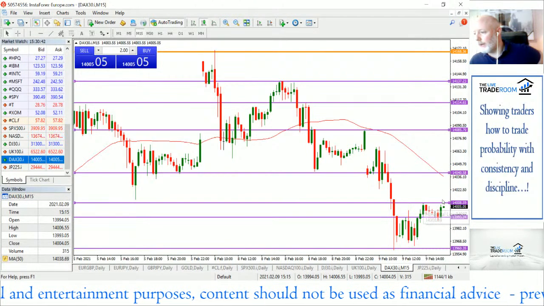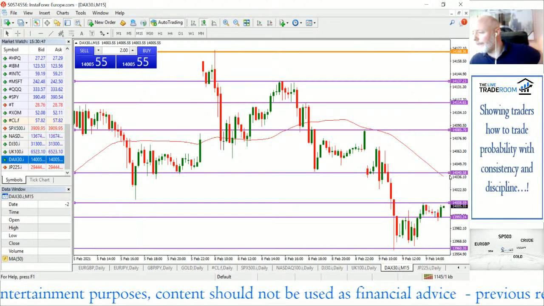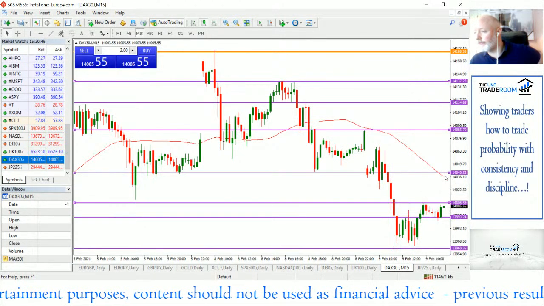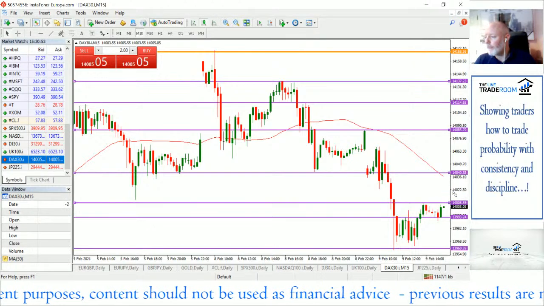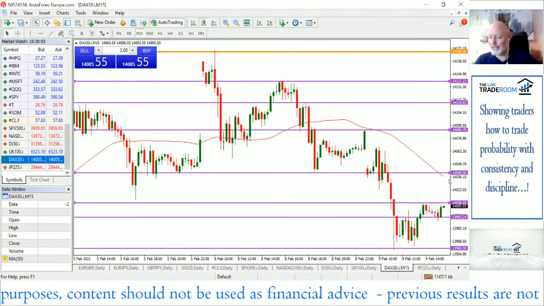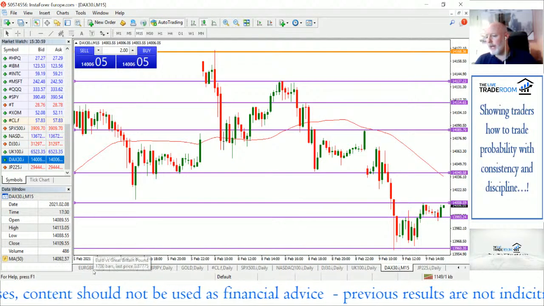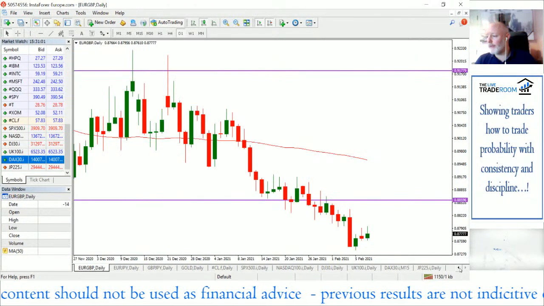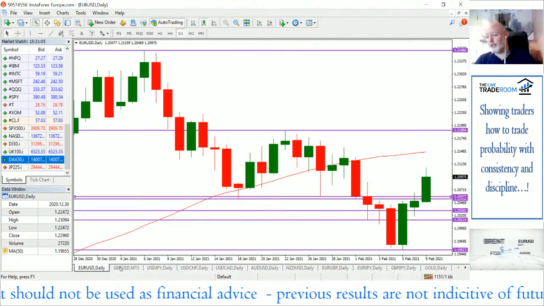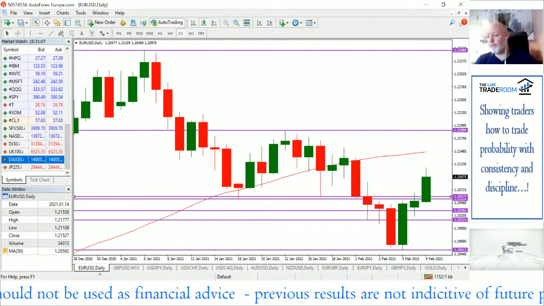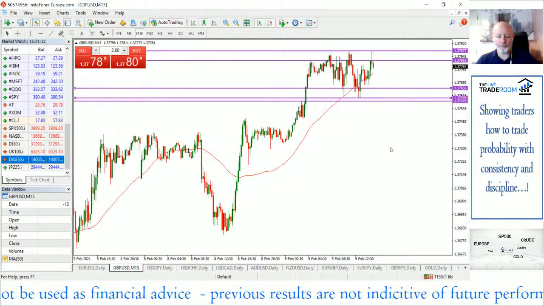So if it bounces back up, this is the next level at which to sell, the 14,035, 40 level, something like that, that will be the next level to sell from. So just bear that in mind, and do your correlations, understand what's going on across the other equity space, and look to go with the markets. It's a much better place to be if you can go with them rather than going against them.